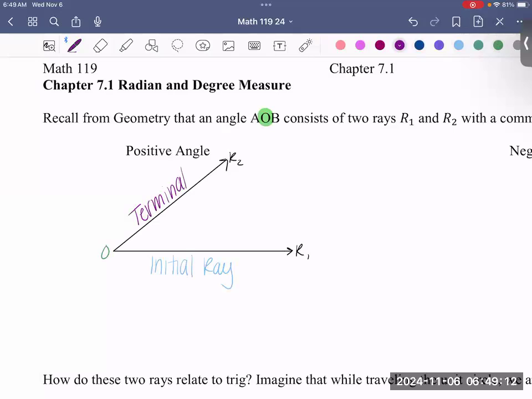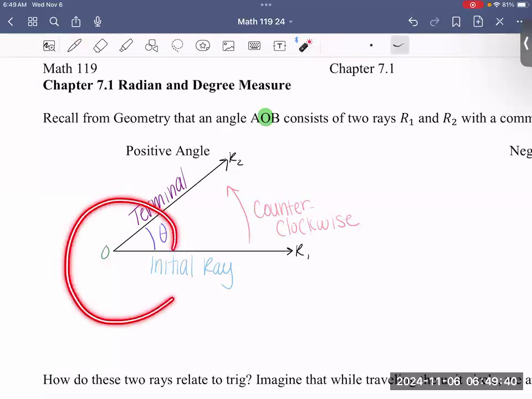Initial meaning this is where we are going to start, and your terminal is where you end up. The angle between them we'll call theta. Theta is going to be positive if we are going in the counterclockwise motion. So as long as we are traveling around in this counterclockwise motion, this angle is going to be positive.